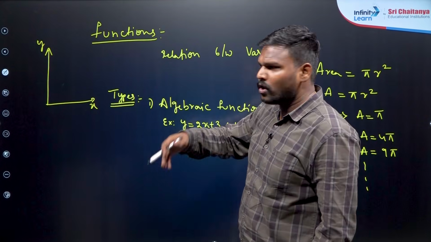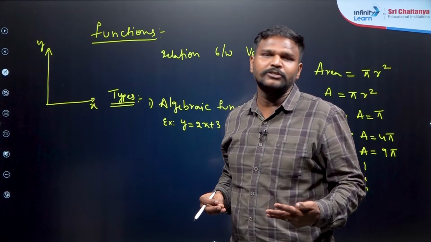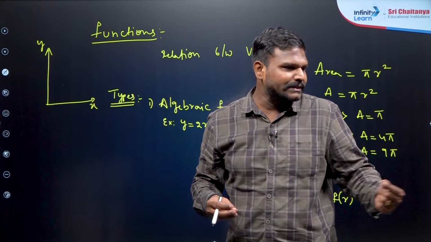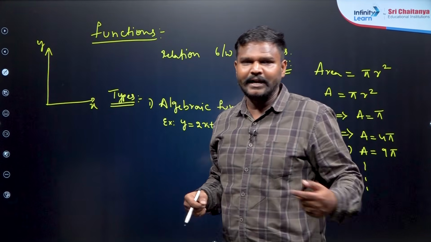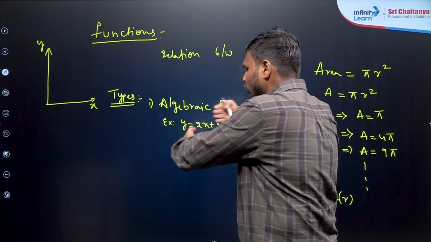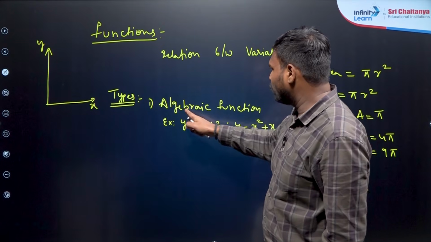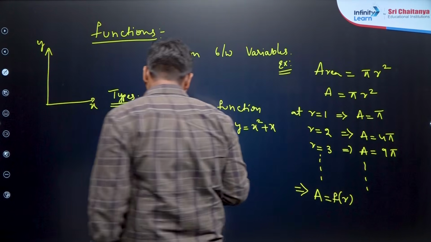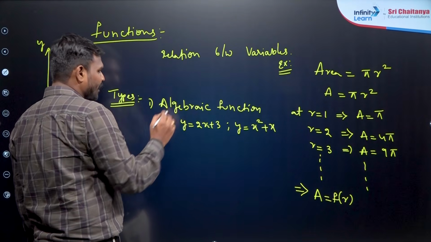So like that, always I represent x, y, z. We live in a three-dimensional space. The horizontal axis I call x, the vertical axis I call y, and into the plane and out of the plane I call z, correct. So this is the function y is equal to f of x, an algebraic function.